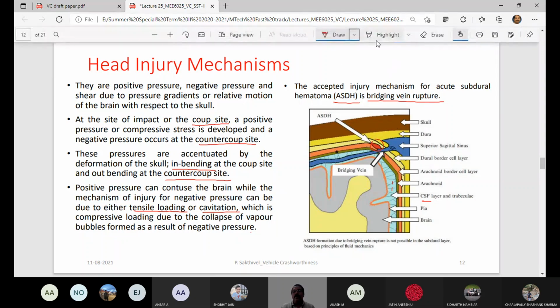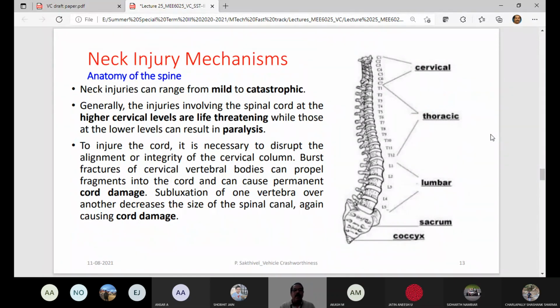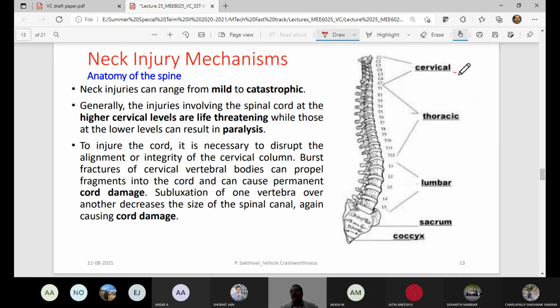So let's look now at the neck injury mechanism. The anatomy of the spine is very important, because the neck is this portion, the top of your spine. So what is that spine anatomy? You see cervical. The cervical is the first on the top.